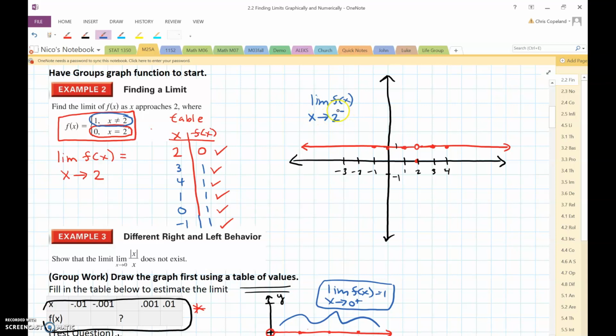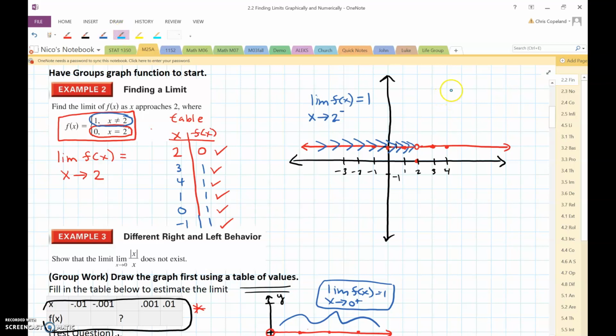Okay, this little negative sign in the exponent position means x approaching 2 coming from the left, so coming this way. So as this is approaching 2 coming from the left, this limit of this function would be equal to 1. Okay?